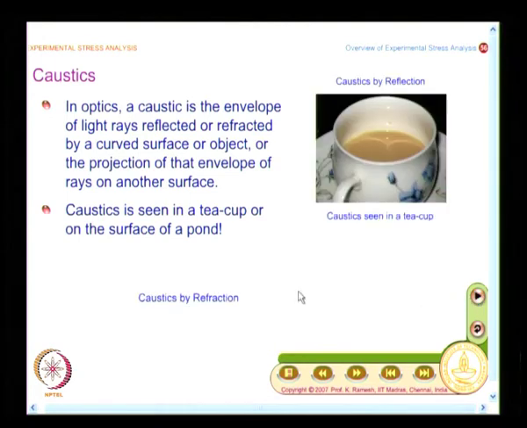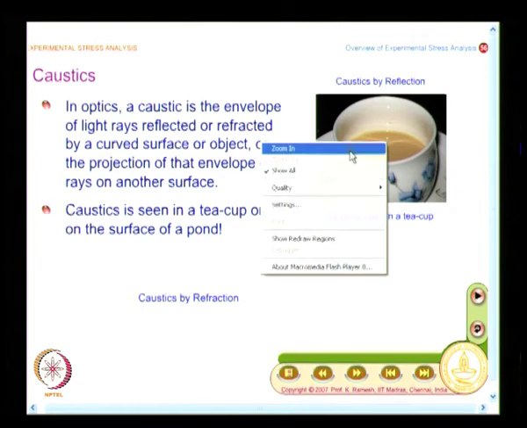What I want to mention here is, caustic is the envelope of light rays reflected, that is what we had seen earlier in the beginning of the course. It can also be refracted by a curved surface or object, or the projection of that envelope of rays on another surface. So, what you see here is a caustic by reflection.